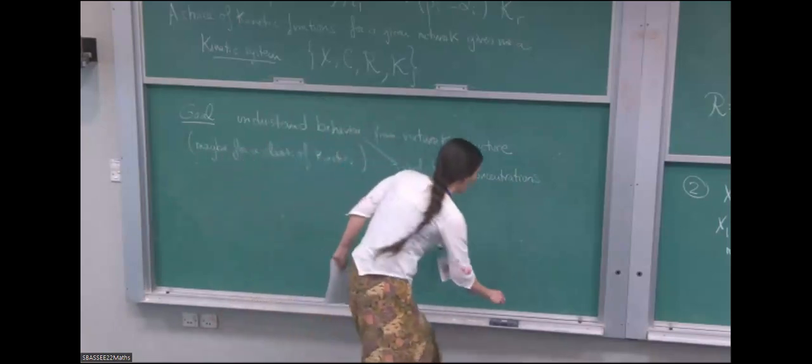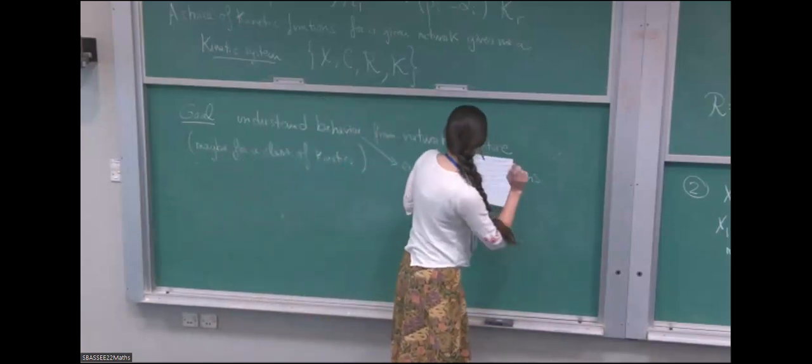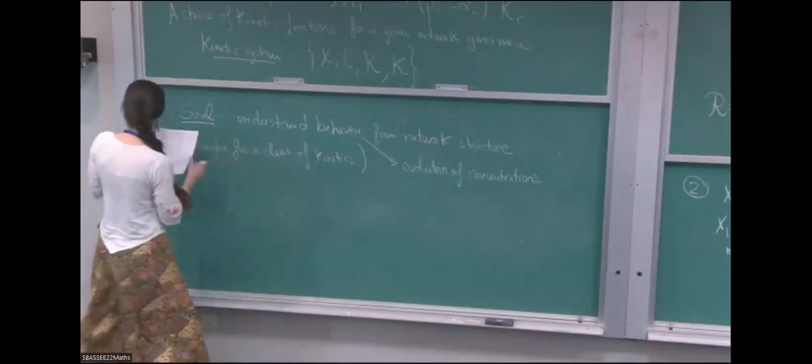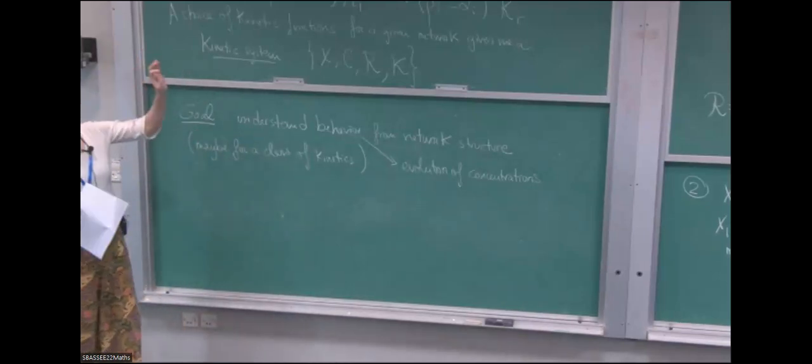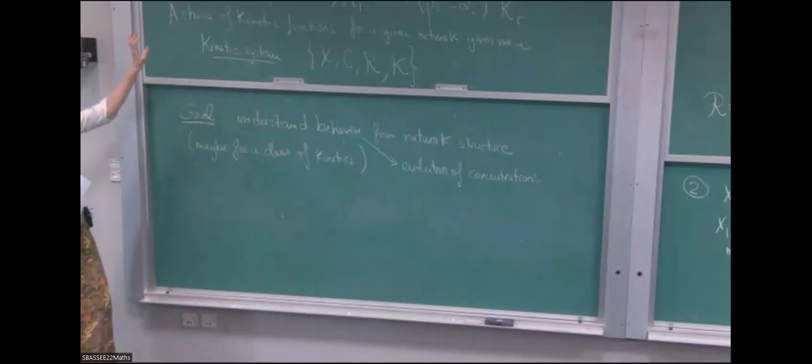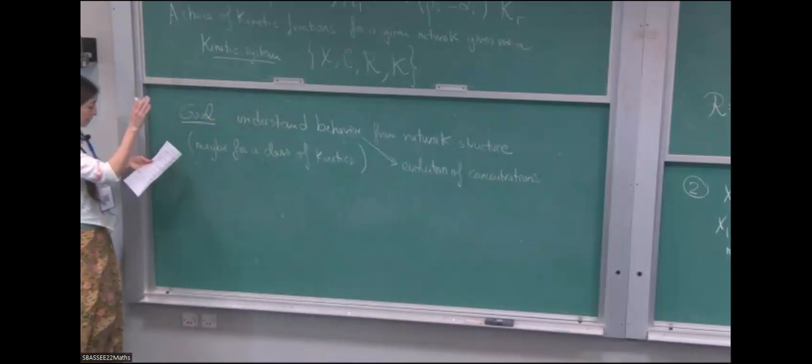And I said I'll go to the examples, but first, let me write one more efficient thing. So now, if I have a reaction network and I add a kinetics, I get an ODE system.